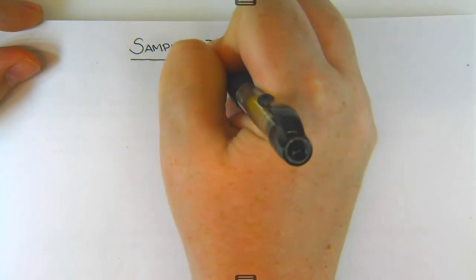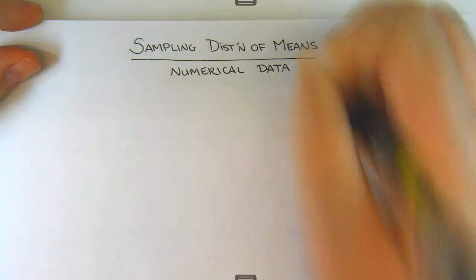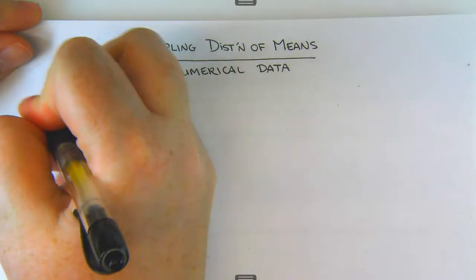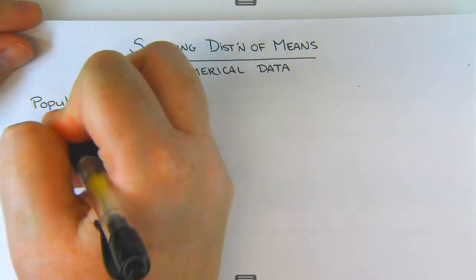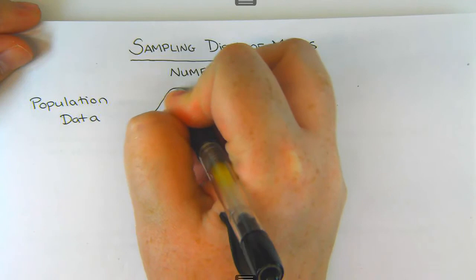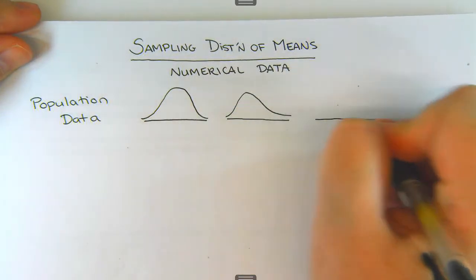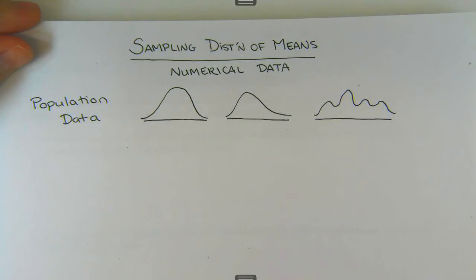So we're going to have some numerical data that was already collected, and things that we're going to know the population data. And our population data can appear a few different ways. It could be nice and bell-shaped, it could be skewed in some way, or it could just be really weird.